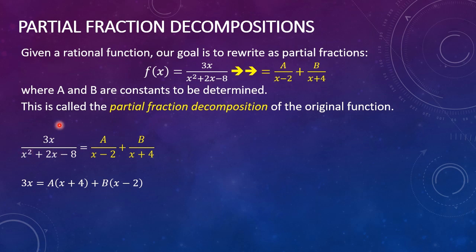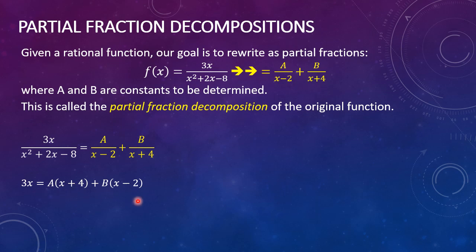So the denominator on the left side will disappear, and we're simply left with 3x. And both of these denominators will disappear as well, but the numerator will have the missing factor in it as well. Okay? So we get 3x equals A times (x plus 4) plus B times (x minus 2).